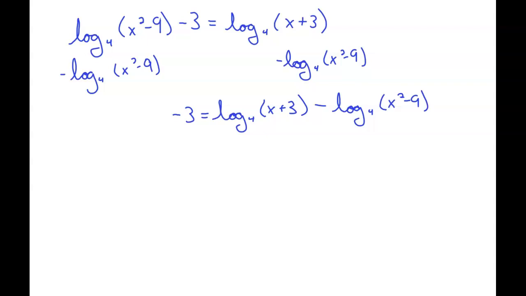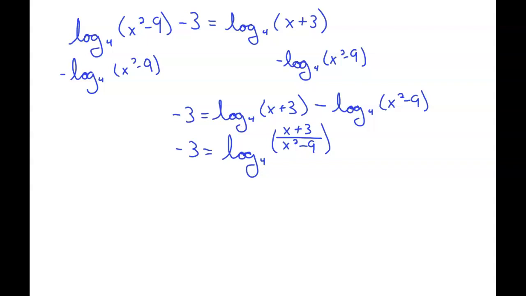And then whenever I try to combine these two, this is a subtraction, so that's going to mean that I'm dividing, and I will get x plus 3 divided by x squared minus 9 is equal to a negative 3. I'm going to change this into exponential.